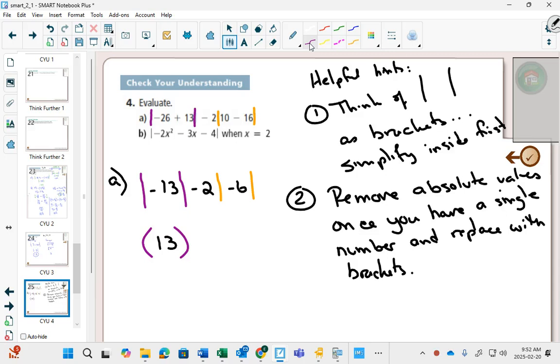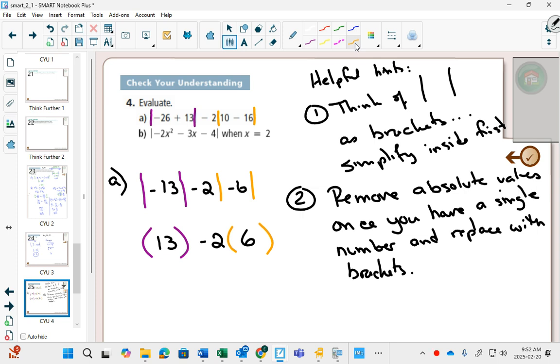Sometimes you miss that you had to multiply and you thought you had to add, or different kinds of operations get missed. So I'm going to replace these absolute values with brackets. And what's the absolute value of -6? It's +6.